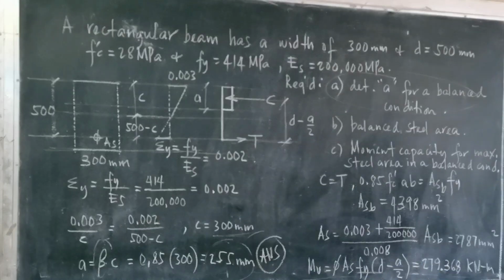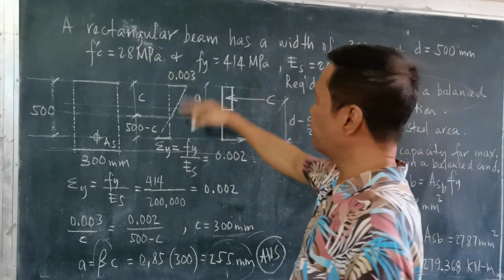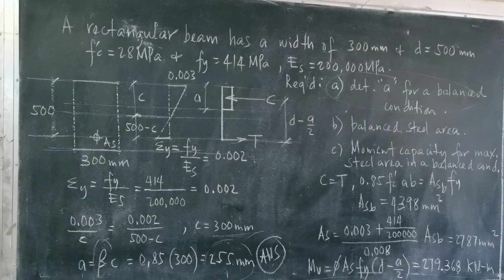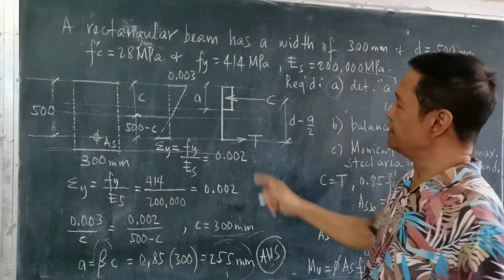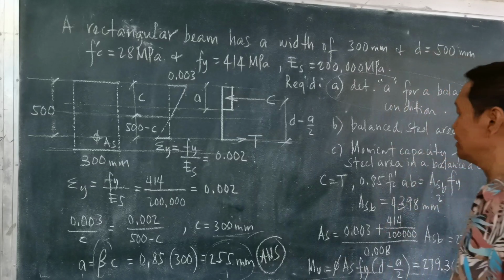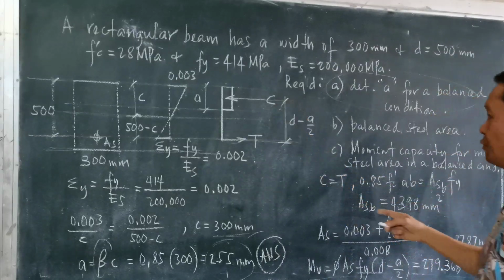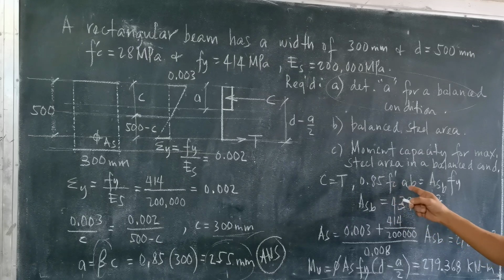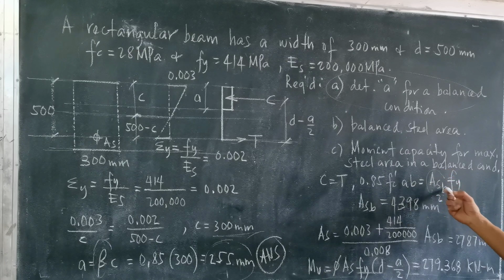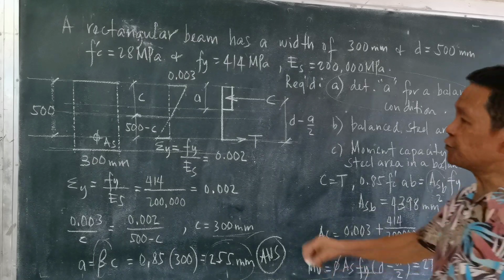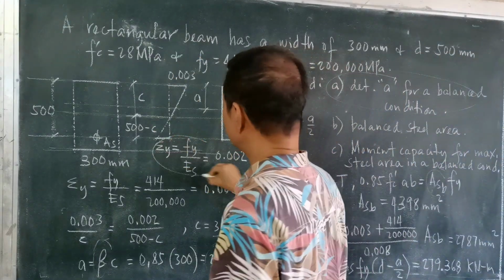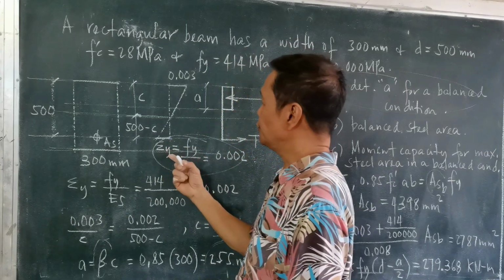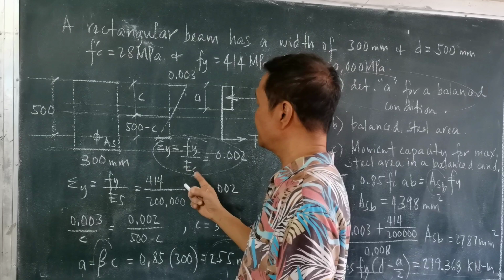So to be able to answer the balanced steel area, we make use of the diagrams for a balanced section. So from here, C is equal to T, summation of horizontal forces. Our compressive force C is equal to 0.85 f prime c times a times b, which is equal to the area of steel for balanced condition, A sub sb, times Fy. Since we are making use of this, the strain sub y is equal to Fy over the modulus of elasticity of steel.